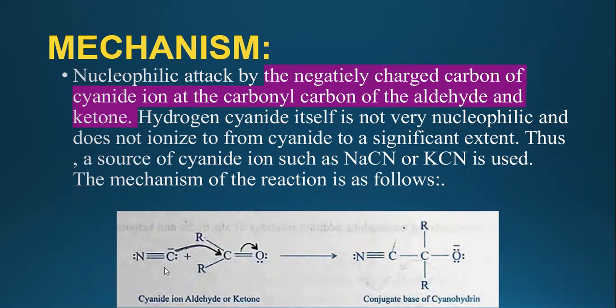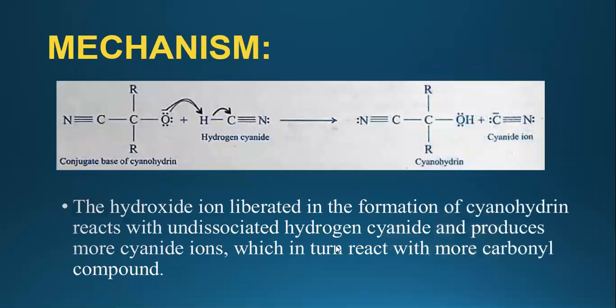This nucleophilic center directly attacks the carbonyl carbon, and the double bond electrons move toward the electronegative oxygen atom. As a result, the conjugate base of the cyanohydrin is developed. A source of cyanide such as sodium cyanide or potassium cyanide is used, and you can see the mechanism here.